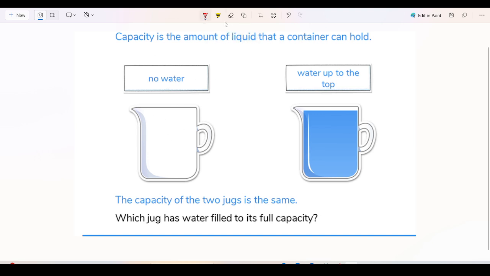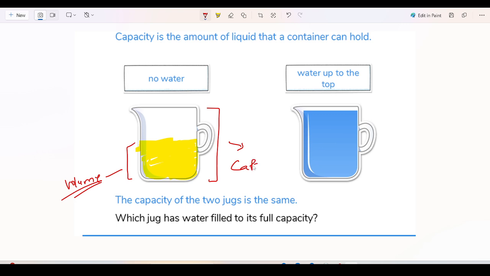Let's suppose I fill it with some liquid, mango juice or something, and this is half filled. So this much is the volume because this is the amount of space taken by the juice. But the capacity is this much, because it can hold this much more.